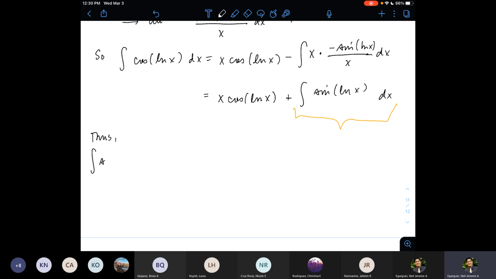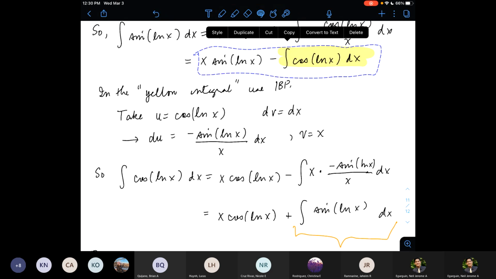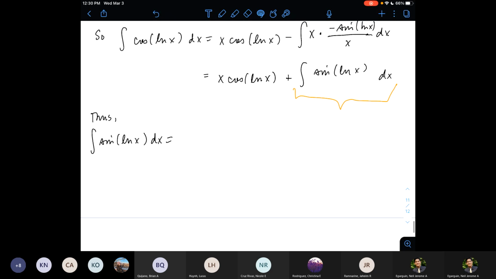Okay. So if we recall, the integral of sine of ln x dx from the first application of IBP, we got this. But we have evaluated the yellow integral. That yellow integral there is equal to this.